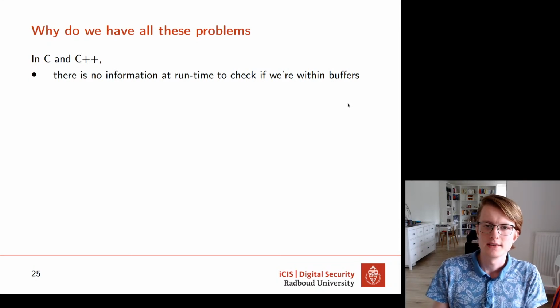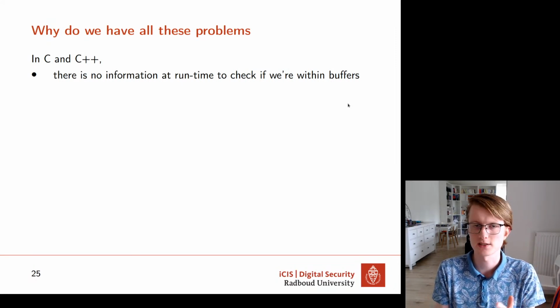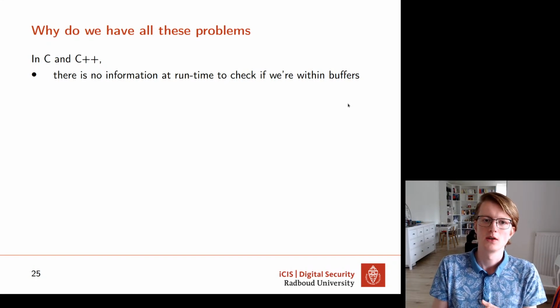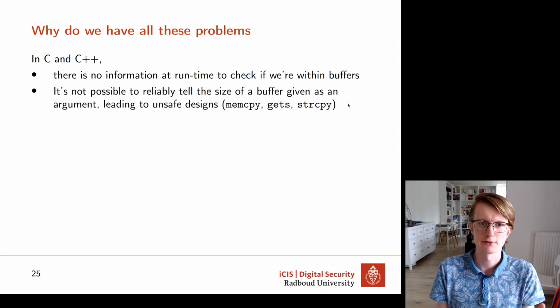Well, in C and C++ and some other languages along the same lines, there is simply no information at runtime to check if we're within buffers. A buffer is defined as to just be a bit of memory. There's no size attached. That's not kept track of anywhere. So it's simply impossible to check if you're within a buffer.